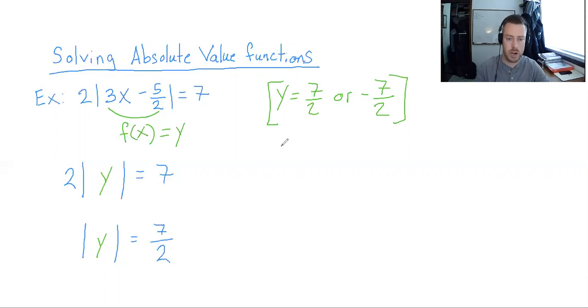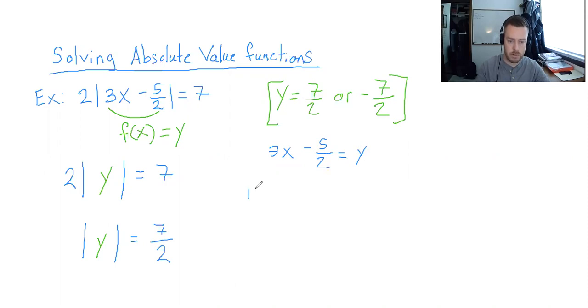So just write it down: 3x minus 5 halves is equal to y. And because we have 2 values of y, we're also going to have 2 values for x.